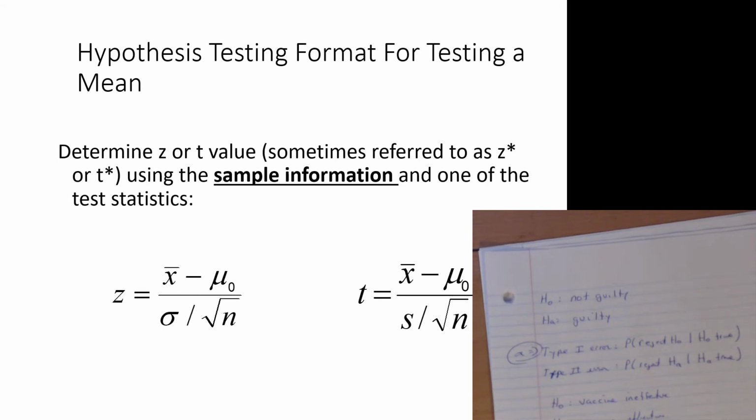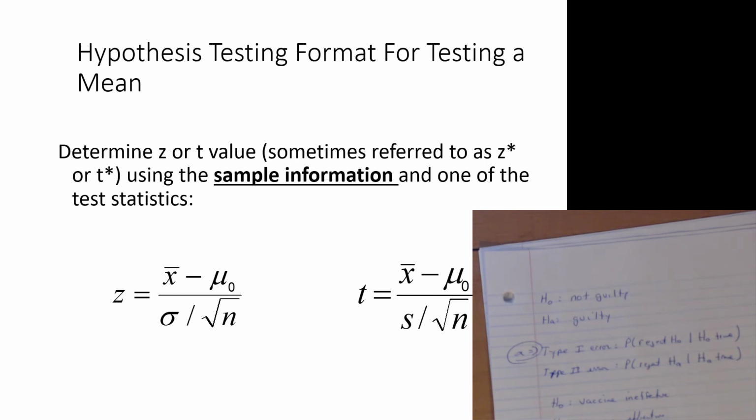Same exact way we looked at a confidence interval. No difference. We have our Z-score calculation: x bar minus a specific value for mu, divided by sigma over square root of n, which is just the standard deviation for the mean.